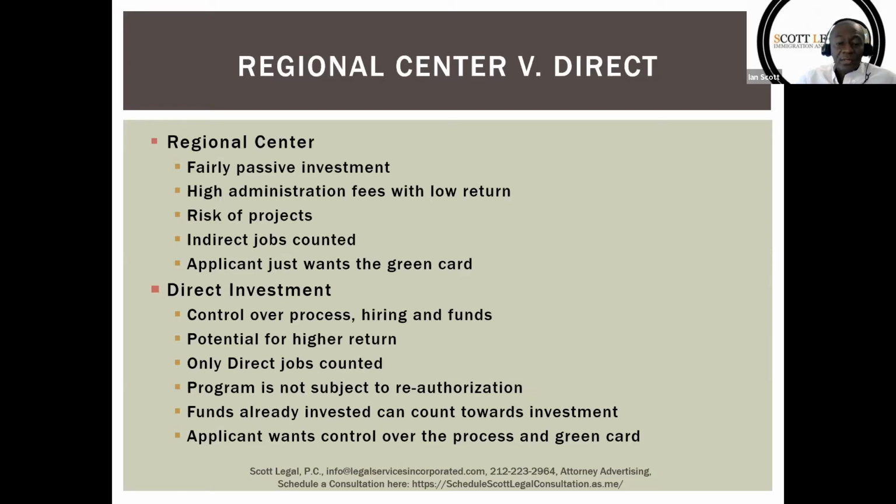So for the period of June 30th to March 11th, individuals were actually able to invest $500,000 in their business, and that was considered fine, in the sense that the project didn't require reauthorization. And when they finally reauthorized the regional center program in March, they made it clear that the people who had invested during that lull period were all fine, and the $500,000 was fine as well.